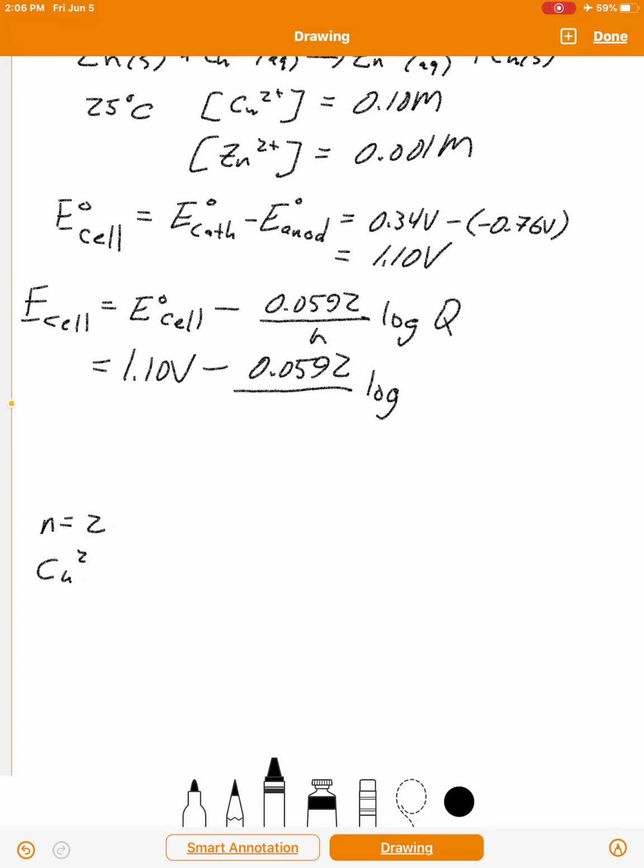If you look up the standard reduction potentials for these two substances, copper 2 plus, there's your n equals 2. And then the zinc is the same thing, it's 2 also.